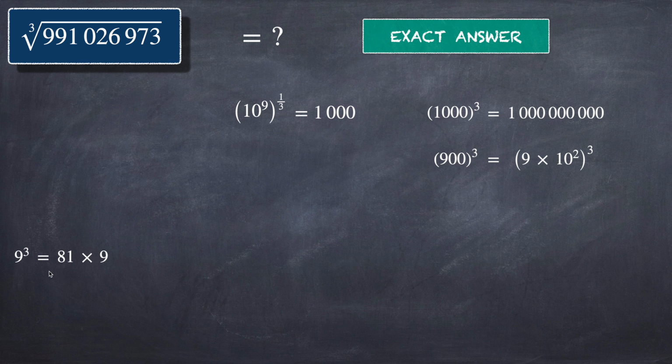So 9 to the 3rd power is 9 squared times 9, 81 times 9, and that is 729. 9 times 1 is 9, 9 times 8 is 72. And 10 squared to the 3rd power is a million, 10 to the 6th. So the answer will be 729 times 1 million.